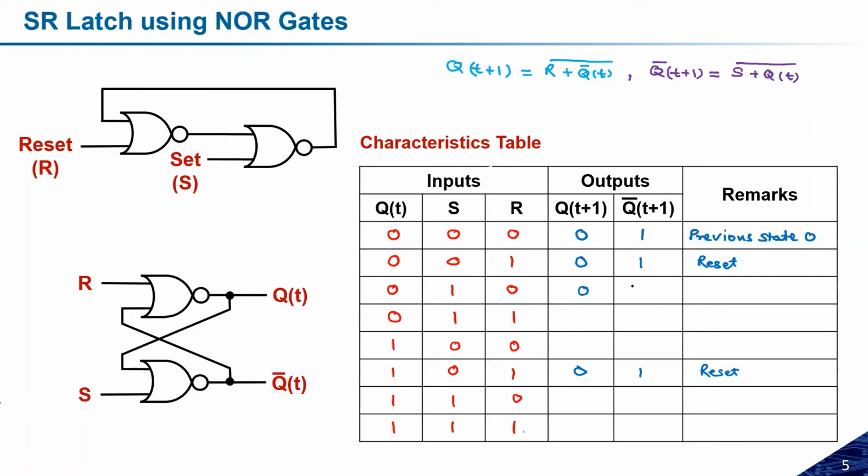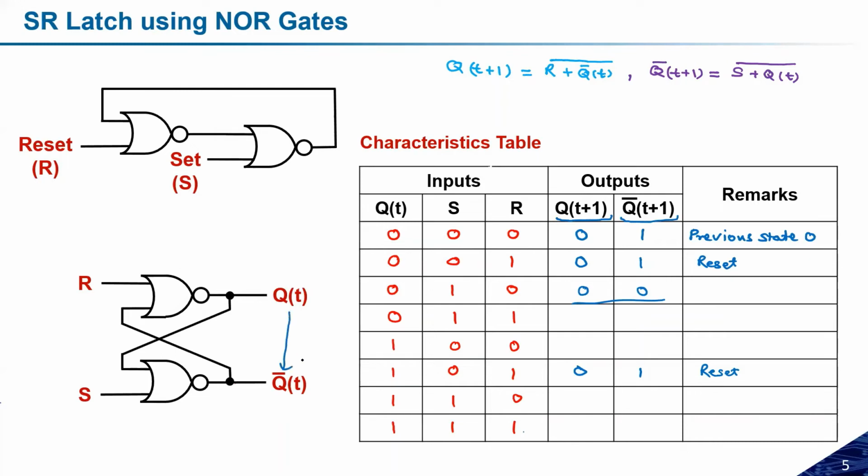But these states are not possible, because we know that Qt plus 1 and Qt plus 1 complement are complementary in nature. From this expression we are getting Qt plus 1 is 0 and Qt plus 1 complement is also 0. Yeah, this is absolutely correct if I'm considering these two equations. But in reality, these two are always complementary in nature.